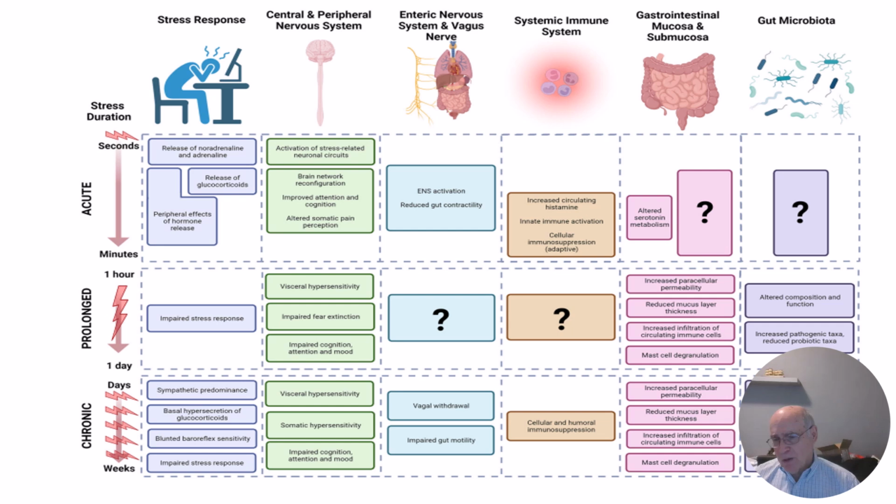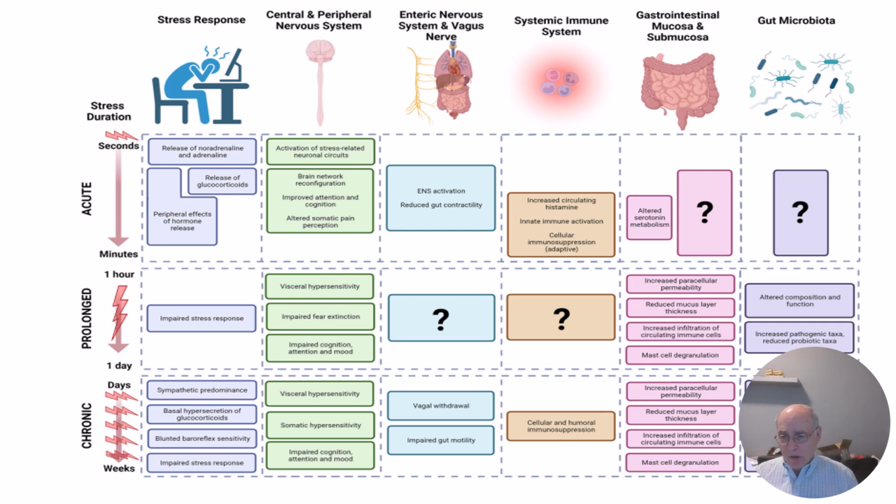We know that as people age, their gut microbiota change, not only the amounts of bacteria, but the quality of the bacteria, and more importantly, the diversity of the makeup of bacteria.